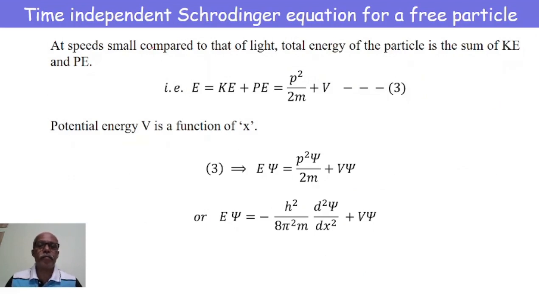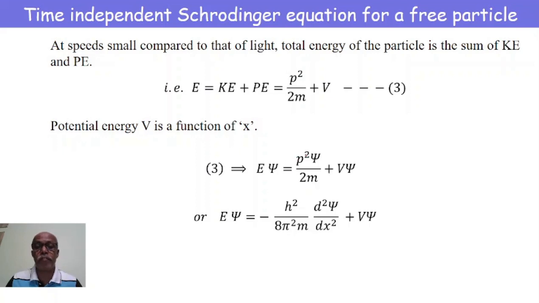Now at speeds small compared to that of light, the total energy is the sum of kinetic energy and potential energy, that will be equal to p square by 2m plus V. Since V is a function of x, equation 3 can be rewritten as E psi equals p square psi by 2m plus V psi, or E psi equals minus h square by 8 pi square m.